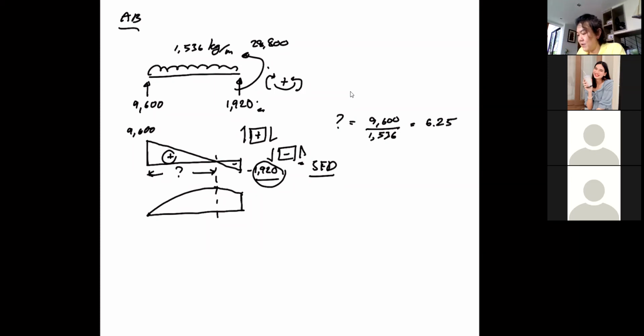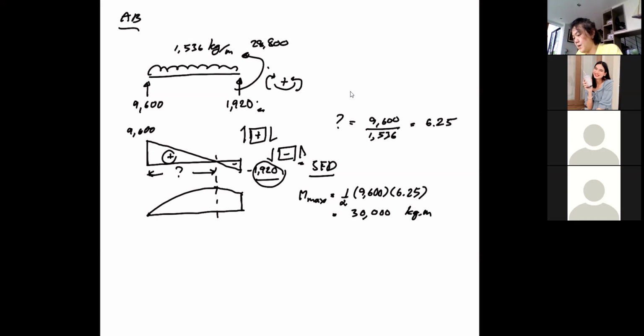And by that, you can show that you got your Mmax equal to, you can calculate the area of the shear force diagram, of course, a half of 9600 multiplied by 6.25. Okay, and that is 30,000 kilogram meter.